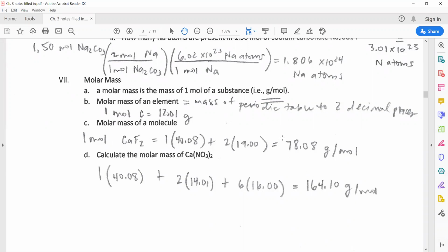What that means is if you went and got 78.08 grams of calcium fluoride, you would have 1 mole of calcium fluoride, which means you really have 6.02 times 10 to the 23rd calcium fluoride compounds. And then one more, calculate the molar mass of calcium nitrate. So 1 calcium, 2 nitrogens, and 6 oxygens. And we get 164.10.